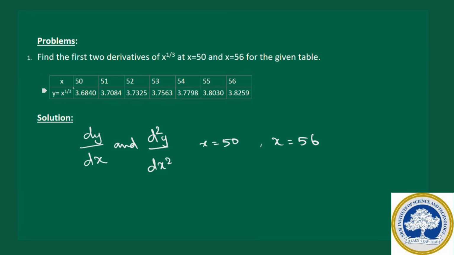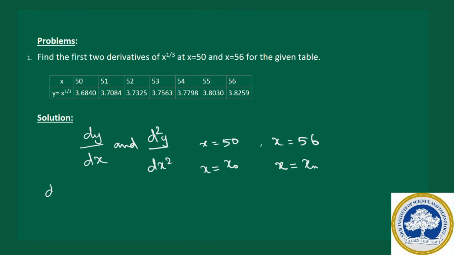If you see the data given here, 50 is the very first value, which means this is x naught. Similarly, 56 is the last value, so we can consider it to be xn. Now we have to find both dy by dx and d square y by dx square at x equal to x naught and x equal to xn.